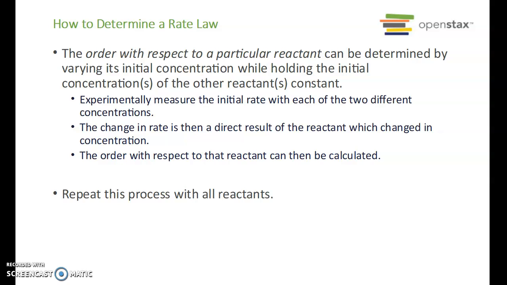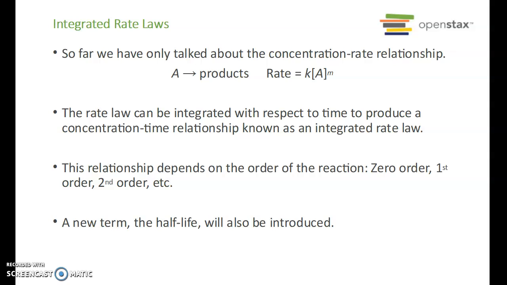So essentially in your experiment you are measuring the initial rate at each of two different concentrations, and the change in rate is then a direct result of the reactant whose concentration was changed. The order with respect to that reactant can then be calculated. And you have to keep repeating this whole process for every single reactant.